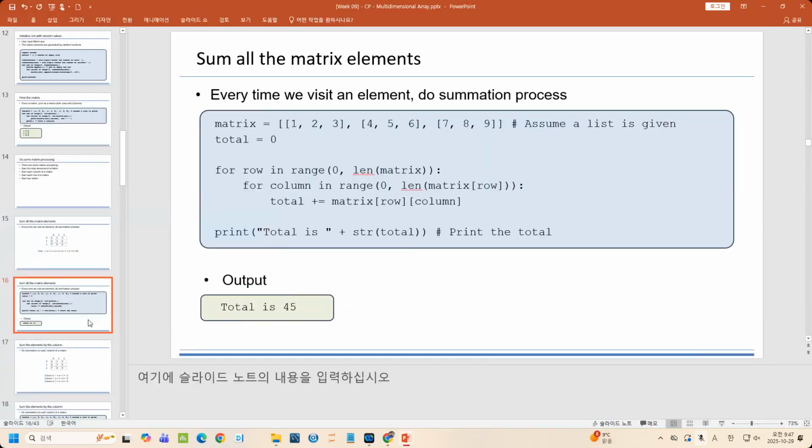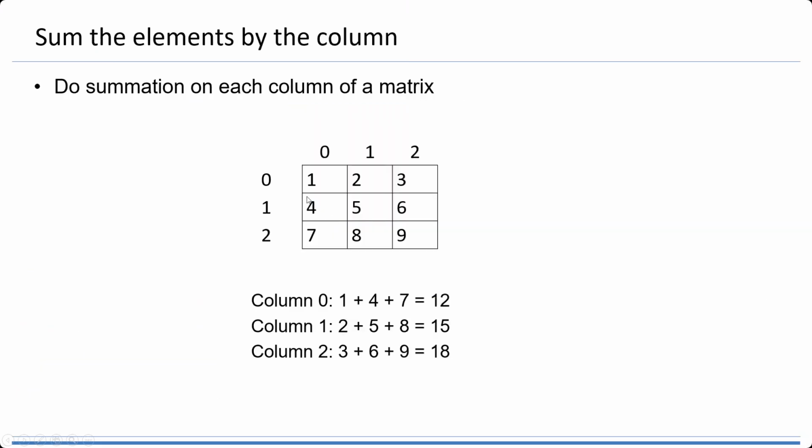Now, there is another question. I want to sum the elements by the column. So I have row and I have column. I want to only do the addition or the summation on the column aspect.